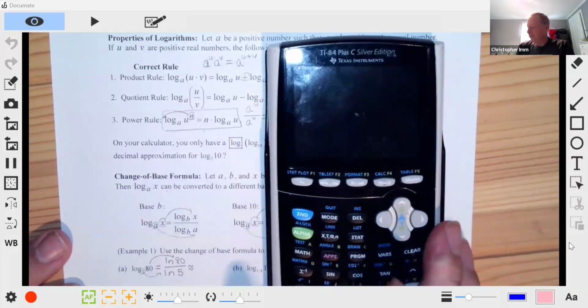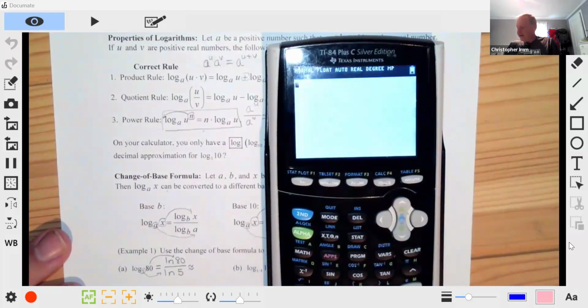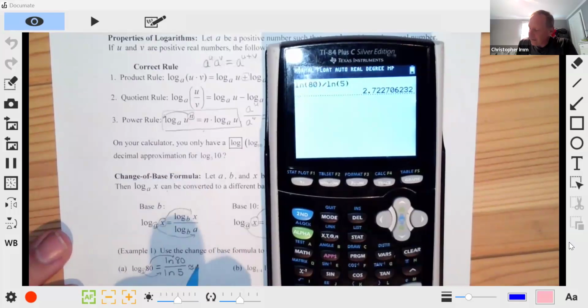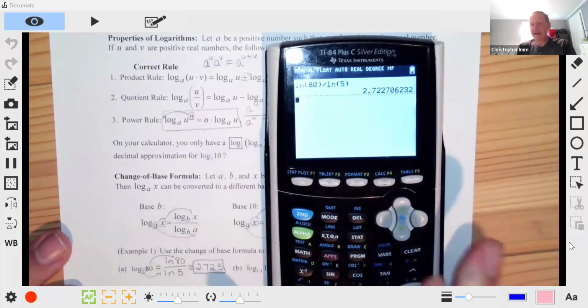Let's see what that will approximate to. Here's my natural log. I want to use one of these so I can compute that. And it looks like this is approximately 2.723. So 2.723 is approximately log base 5 of 80.